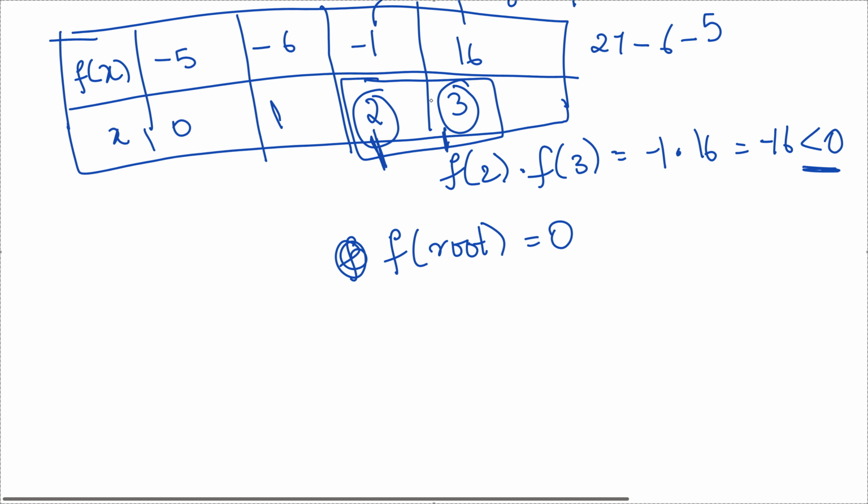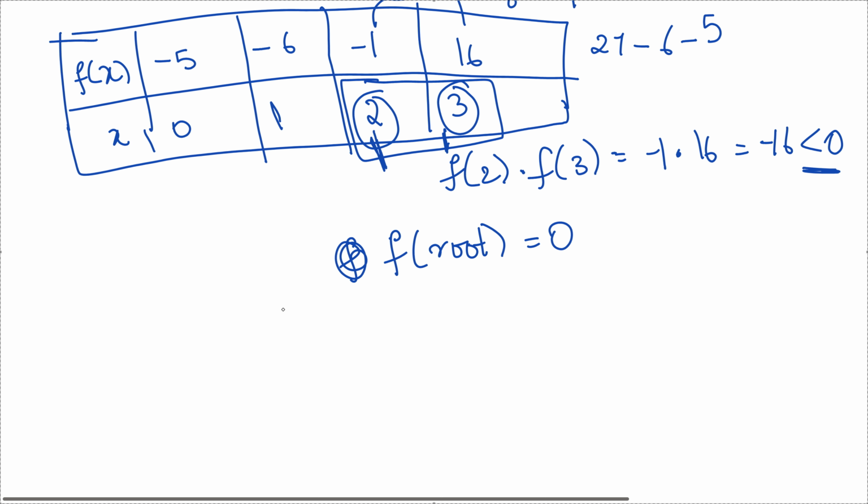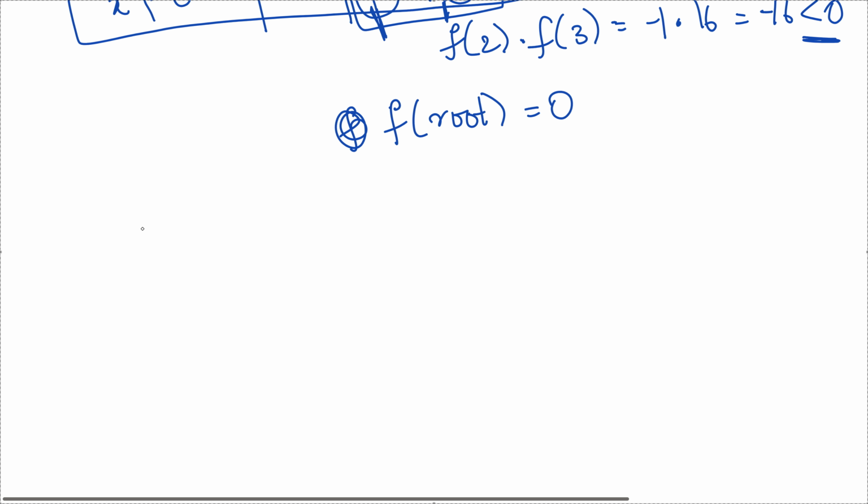Okay, so now let's start with an example and understand how we can solve the question. So our question is x cube minus 2x minus 5 is equal to 0. So now let's draw a table, and here let's put the value as i.